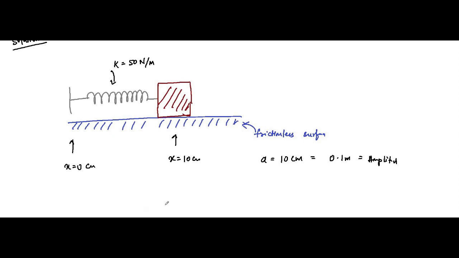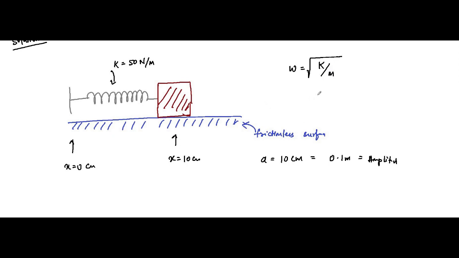Now here the spring constant K and angular frequency are related as omega is equal to root over of k by m, spring constant by mass. We have studied it in the spring motion when we were discussing simple harmonic motion.